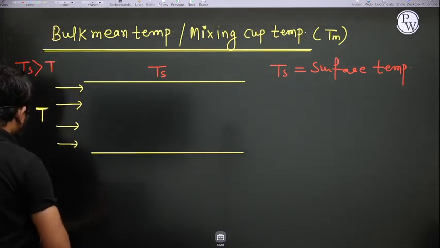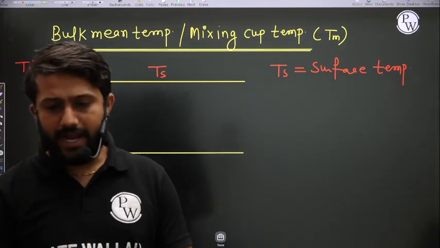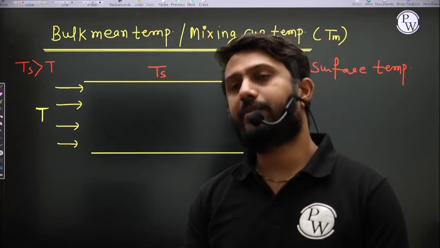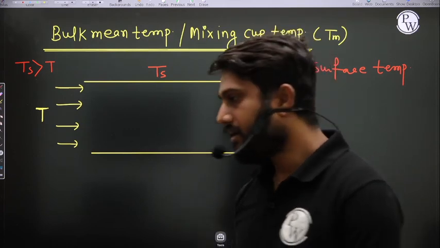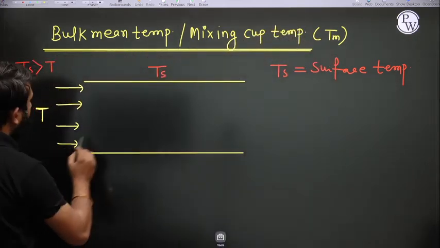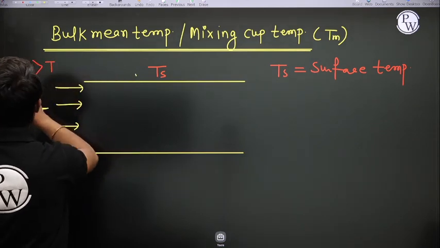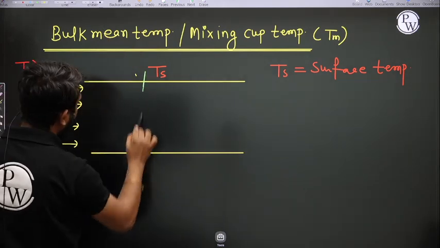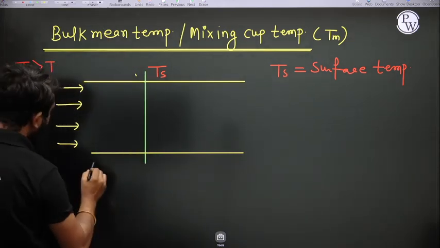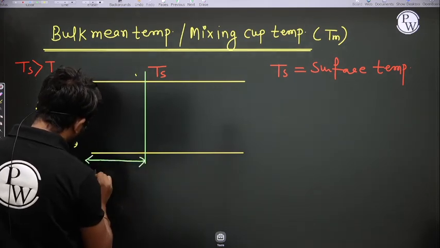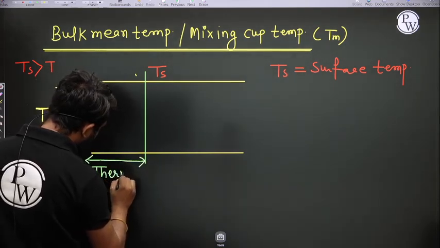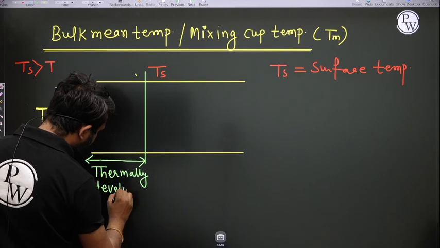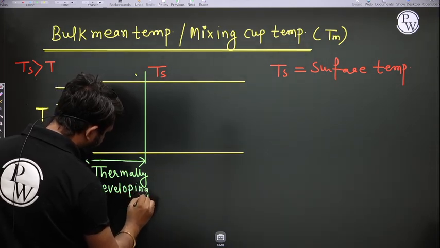So like a hydrodynamic boundary layer, here the thermal boundary layer comes into the picture. Up to this length, let us assume, this is the thermally developing region.